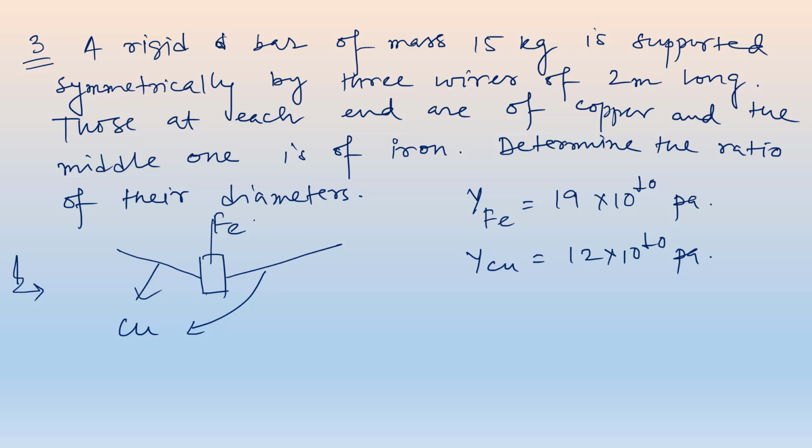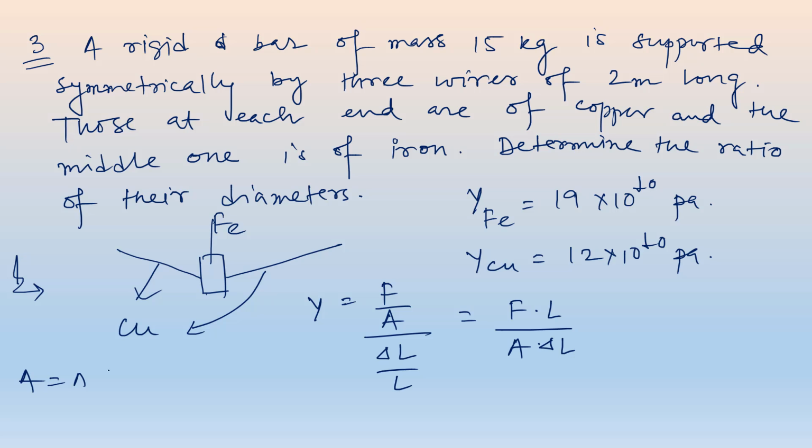If I want to find out the ratio of the diameters, at first you have to find the relation of their diameters with respect to their Young modulus. Now Young modulus equals F by A divided by delta L by L, that is F into L divided by A into delta L. Now what is the value of A if the diameter is given?